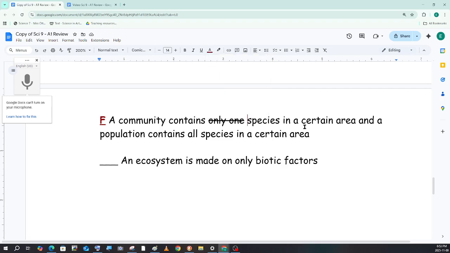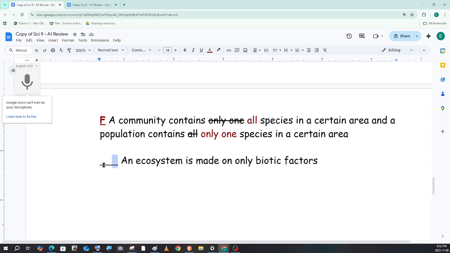I'm going to type it beside because I don't have a choice here. But a community contains all species in a certain area, and a population contains, cross out all, and we're going to replace that with only one. All right, so remember that a population is only one kind of species within that group. The community is all of the species in that area.